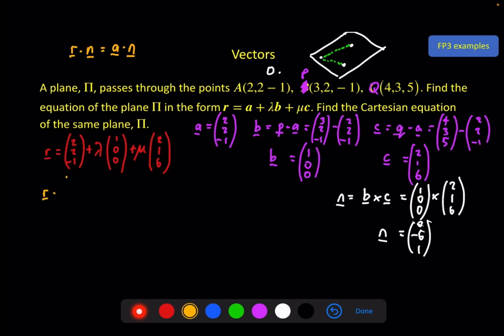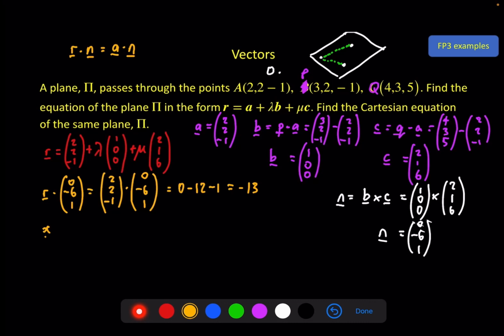So r dot 0, minus 6, 1 is equal to 2, 2, minus 1 dot 0, minus 6, 1. And that is equal to 0, minus 12, minus 1, which is minus 13.